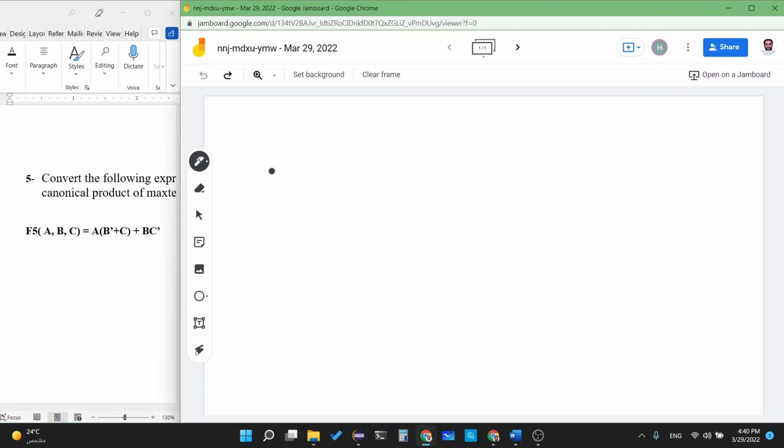Okay, here we need a truth table, so it will be a little bit difficult to draw.